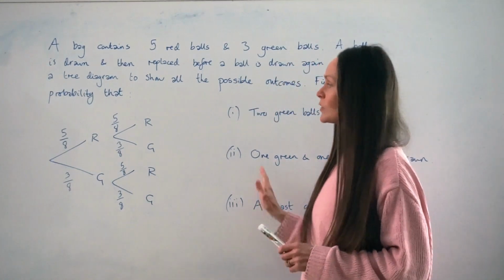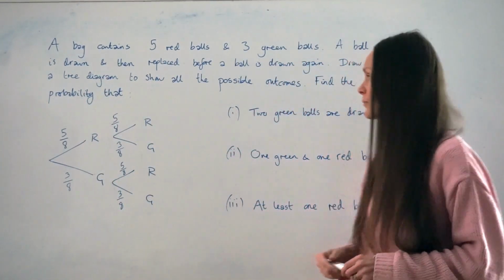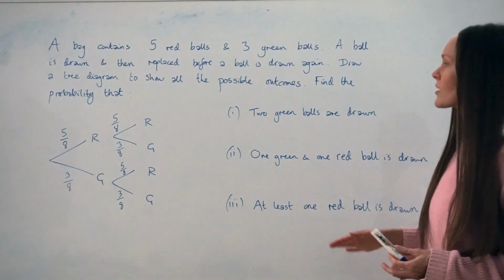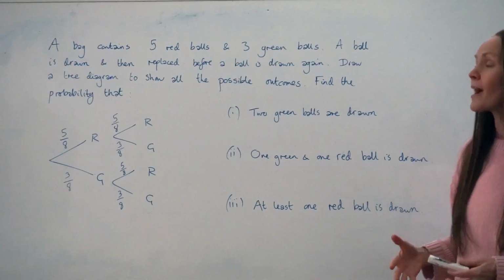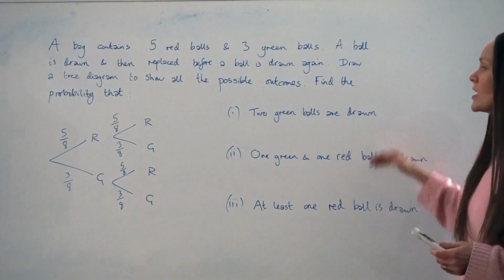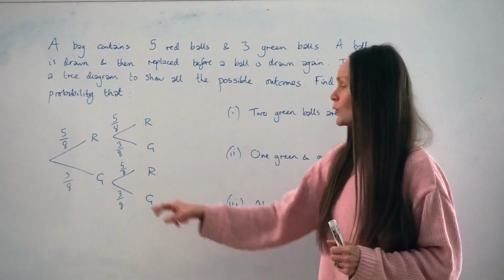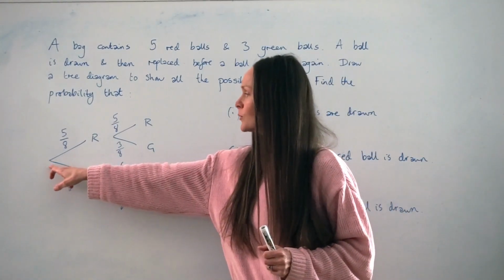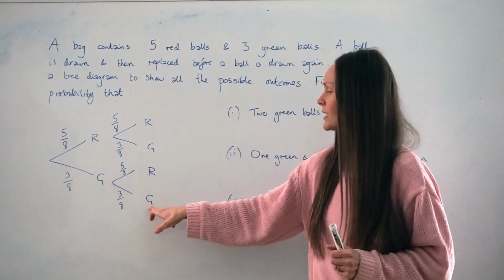So now we've filled in all the probabilities, the tree diagram is finished, okay? Now we're going to use the tree diagram to answer the probability questions. And in the first one, we have to find the probability that 2 green balls are drawn. So remember, G represents a green ball. So the route we're going to follow on the tree diagram would be this one, okay? A green followed by a green.